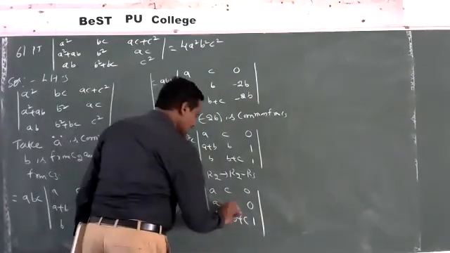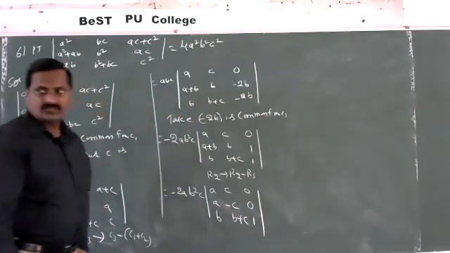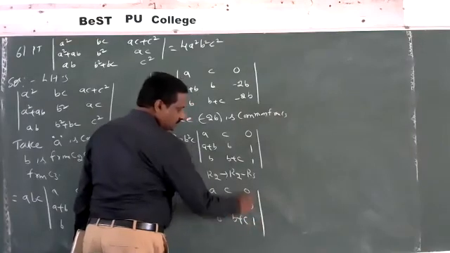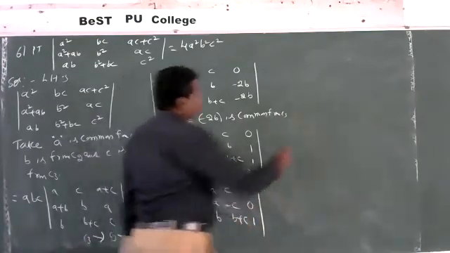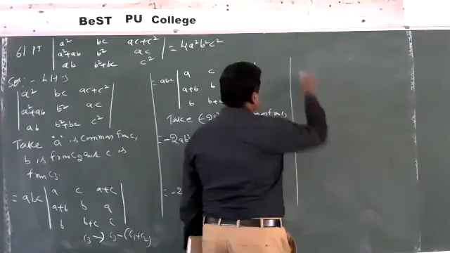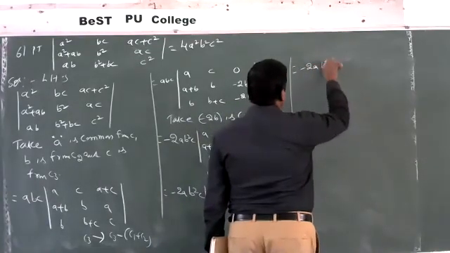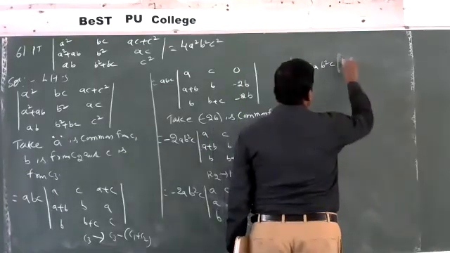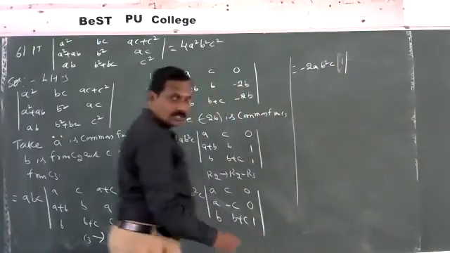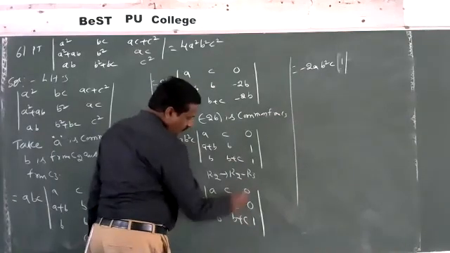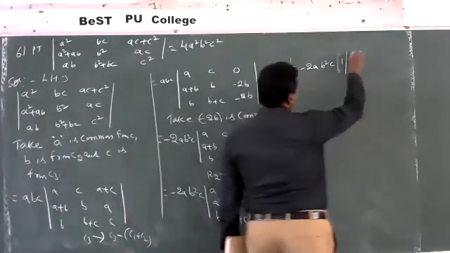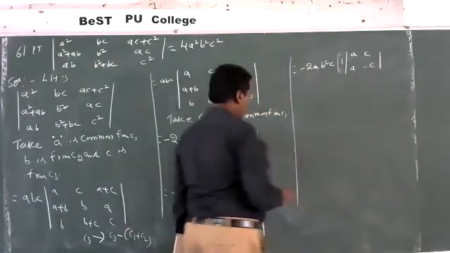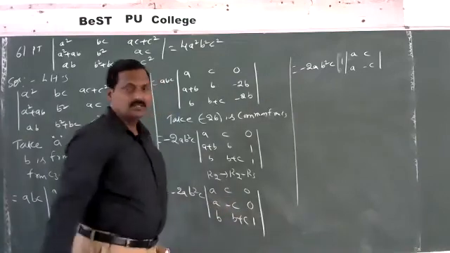Okay, now expand using the third column because two elements are 0. Directly expanding using the third column, then it is minus 2a b square c. Here it is 1 into, leaving this row and column, then it becomes AC, A minus C. The remaining two elements become 0.